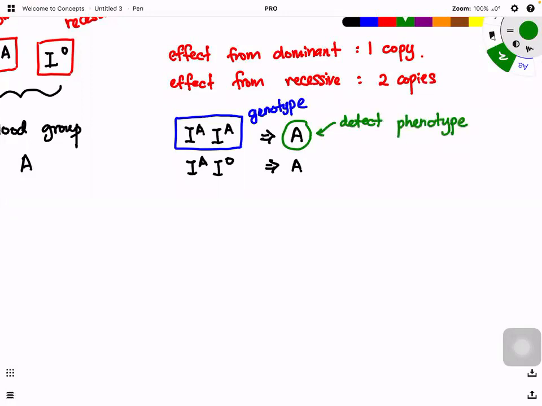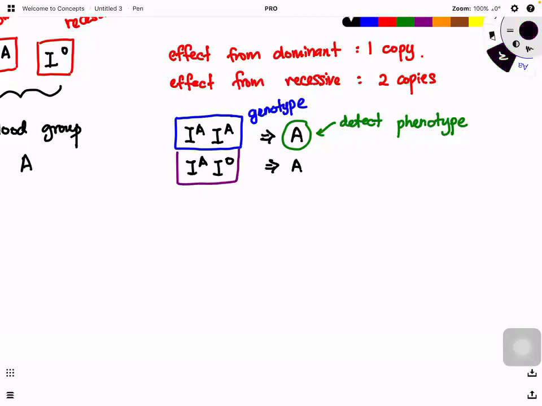Are you clear? So genotype basically will determine the phenotype. Not in all cases, but we do know that genotype dictates our phenotype. Are you clear?